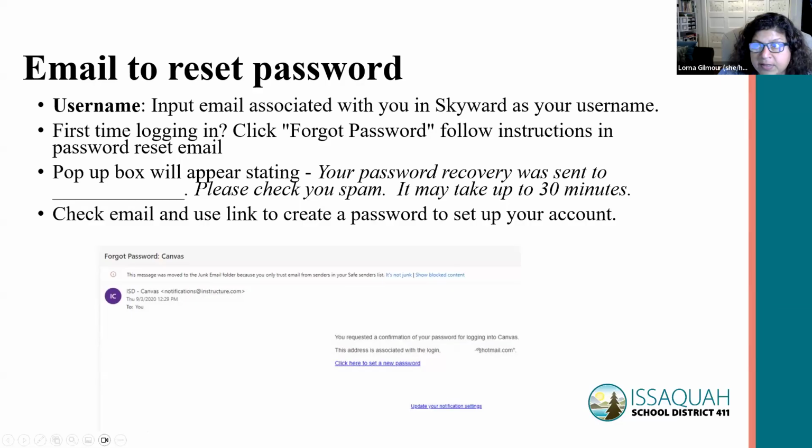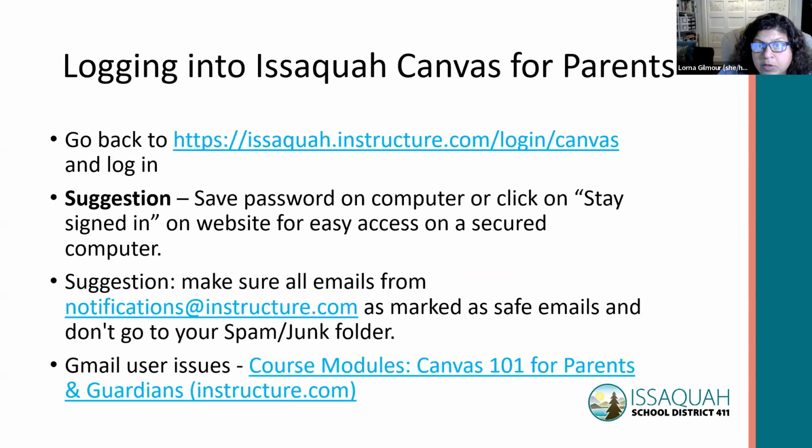Okay, you will get the emails and the communications. Okay, so logging into Canvas, save the password on your computer, take a photo of the password just because it really makes a lot of sense. Save that email so that all of your emails come to your inbox and doesn't go into junk mail.